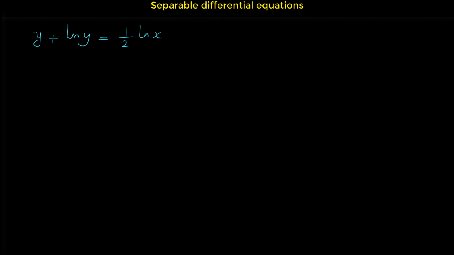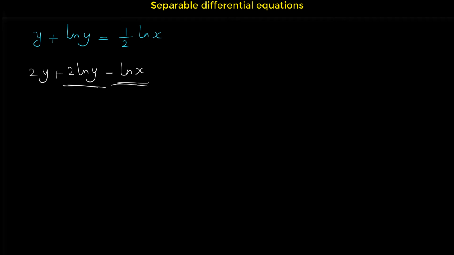Let's get rid of this 1/2 in our answer. To get rid of 1/2 on the right side of the equation, we can multiply both sides by 2. So we have 2y plus 2 ln of y equals ln of x. Now because in this term and in this term we have ln, I want to get rid of these ln's.